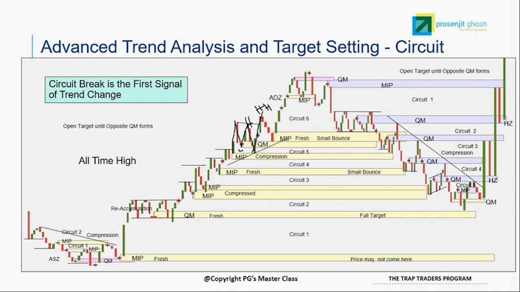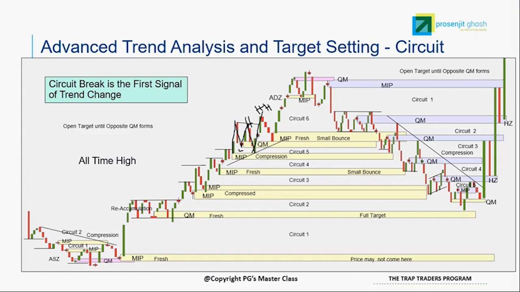Okay, are you getting it? Low, high, lower low, higher high. This is a fake out. This is a green candle. This is a fake out, and this is an engulf. So this is a QM formed in the chart. Got it? Okay.